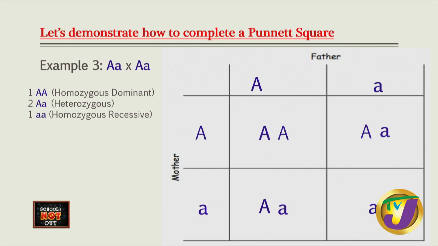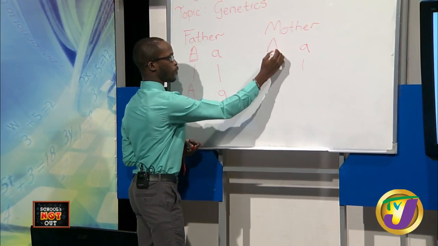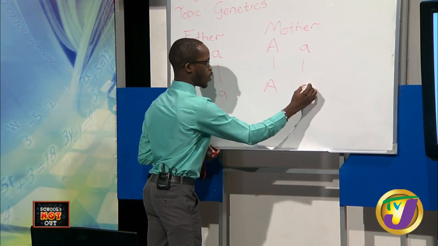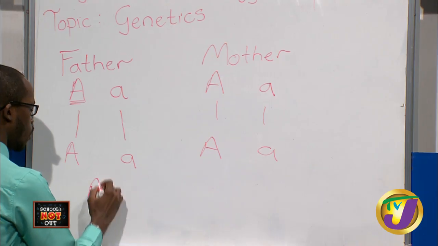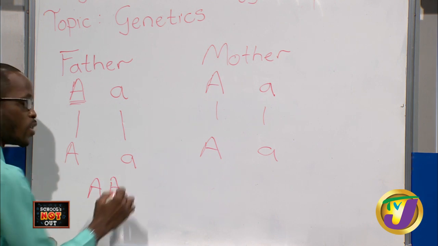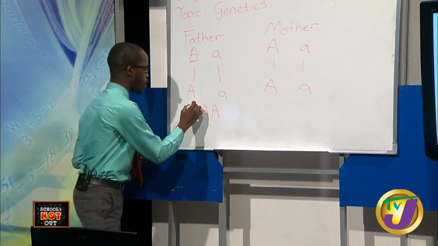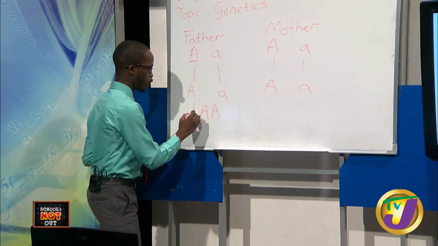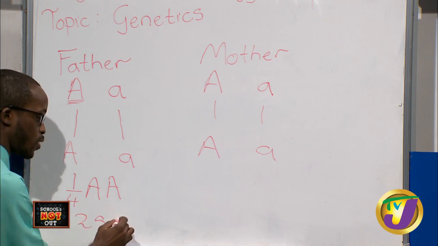All right, so let's write our ratios. Just like what we did before, but this time we have a capital A. So again, we're working with heterozygous. And what were the possibilities? We got homozygous dominant. How many of them did we get? We got 1 possibility, so it's 1/4, which in this case is 25%.